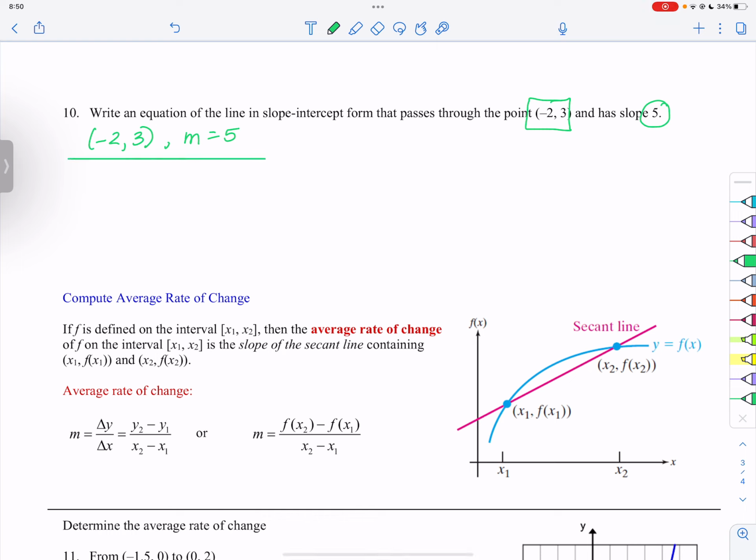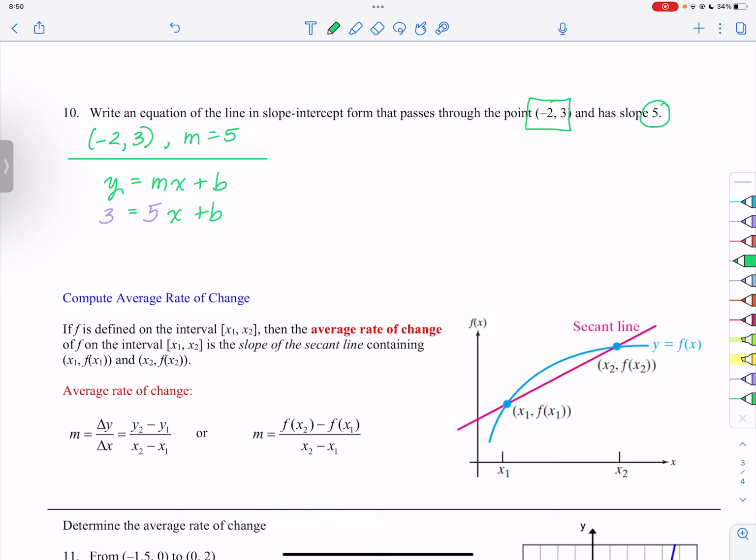We could go ahead and write y equals mx plus b, and here we will have our y value. We will have our slope, and we don't know the y-intercept.